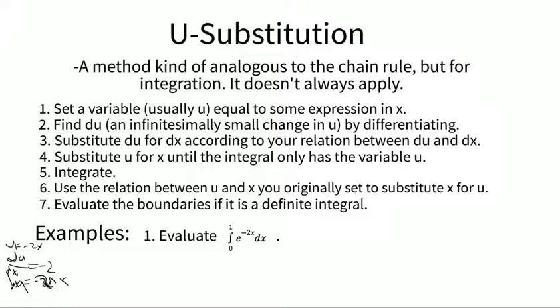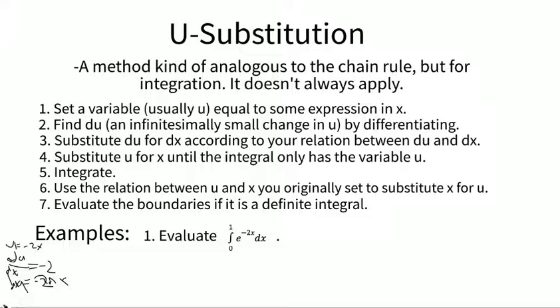Now we can substitute du for dx according to our relation. There is no negative 2 in the integral, so we're going to divide by negative 2 so that when we substitute du for dx, the negative 2 cancels out.